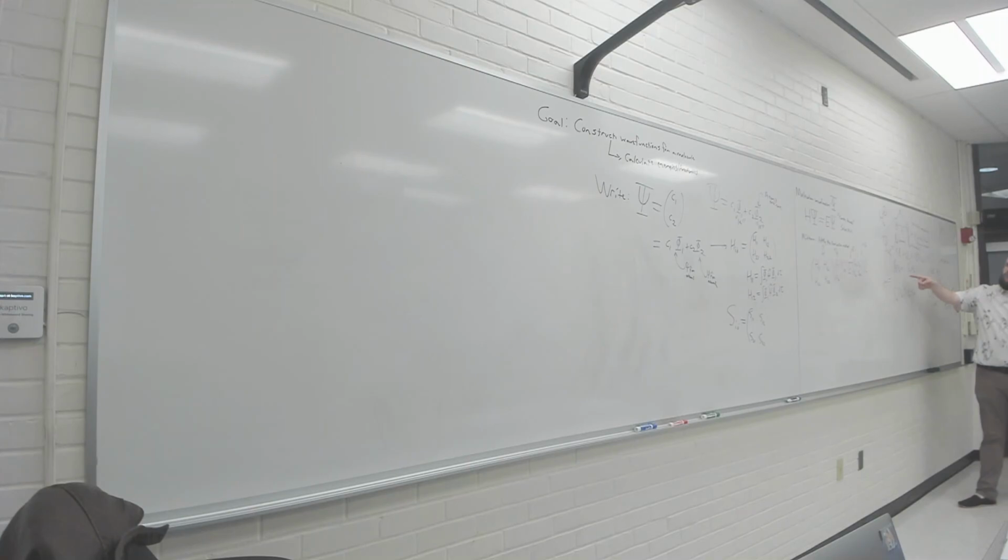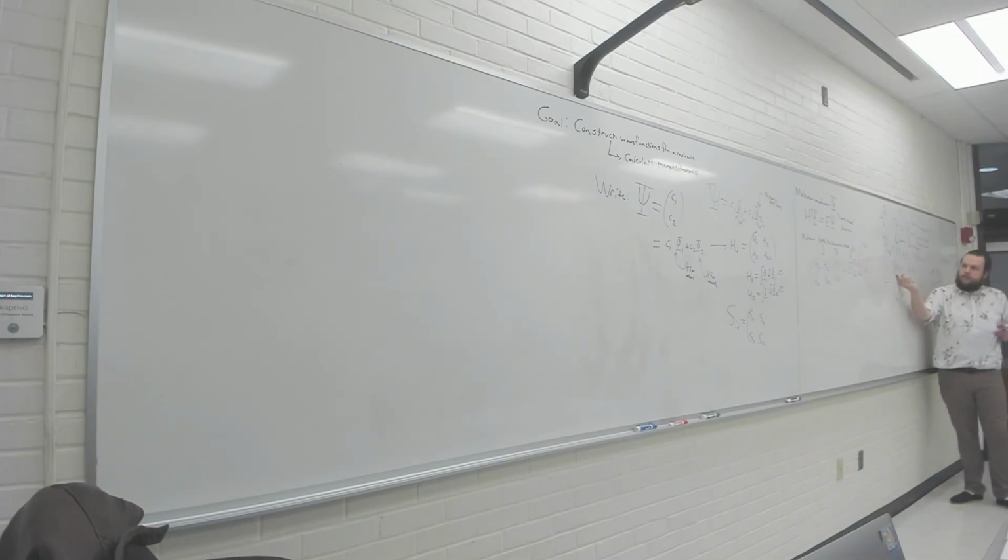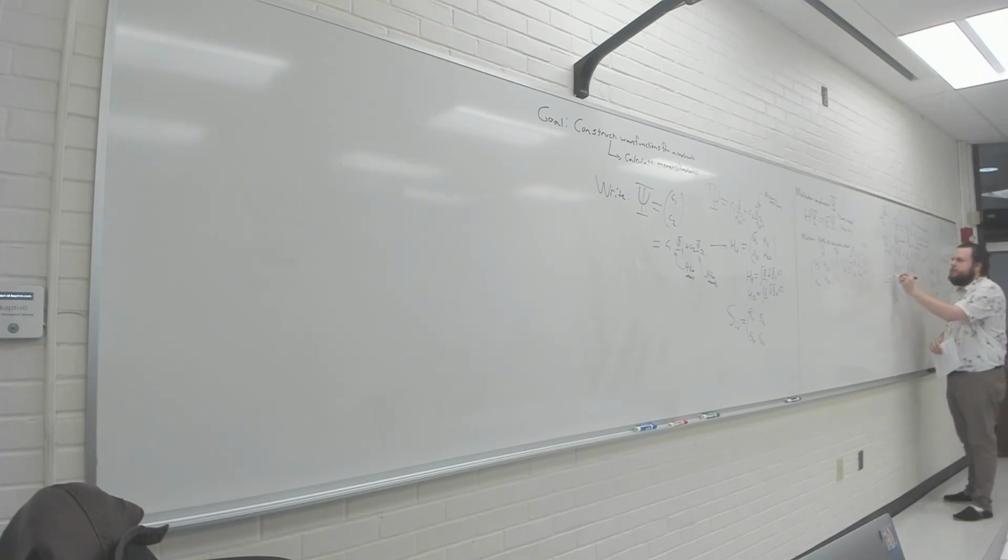Now, what about these over here? Well, if we look at this integral in the Hamiltonian, this is the integral of the Hamiltonian times psi 1s, basically the energy of the 1s orbital. The Hamiltonian applies to psi 1s, so that's going to be the integral of psi 1s times the energy of the 1s orbital times psi 1s, which is E1s times the integral of psi squared, which is E1s.